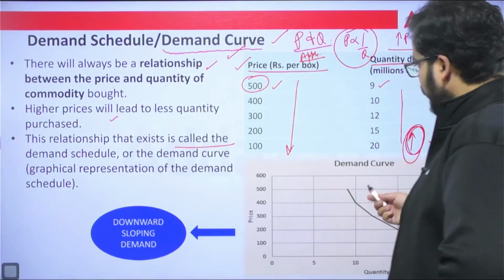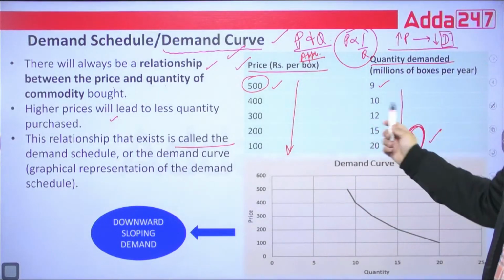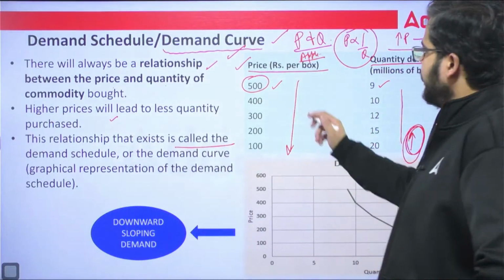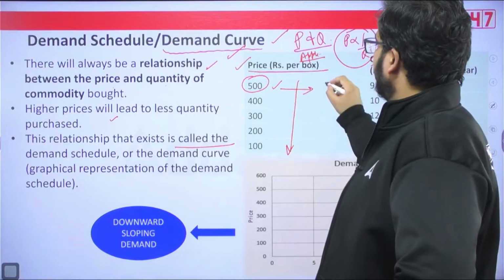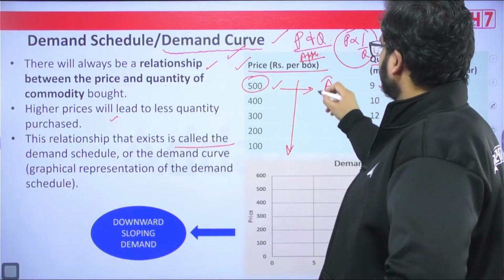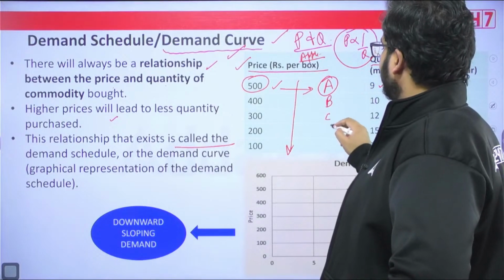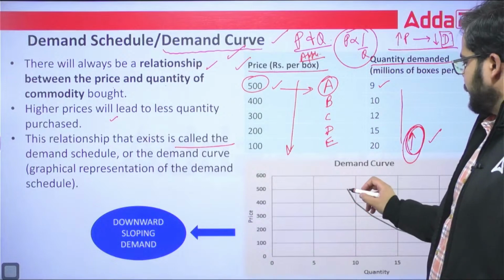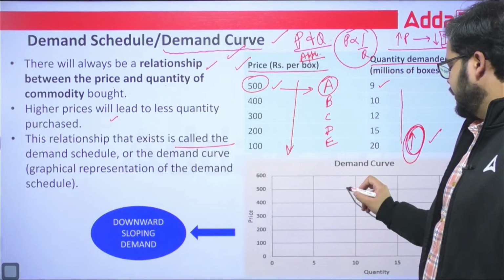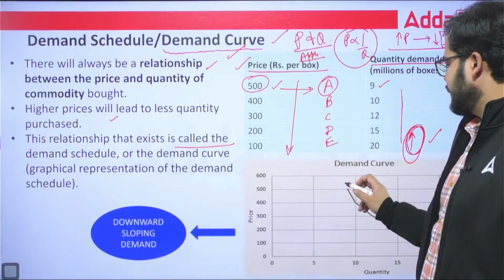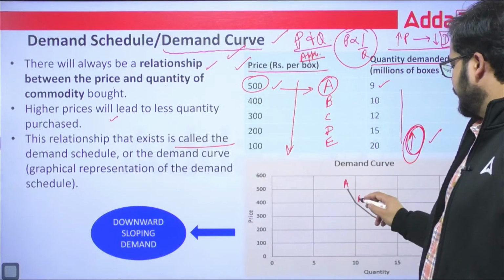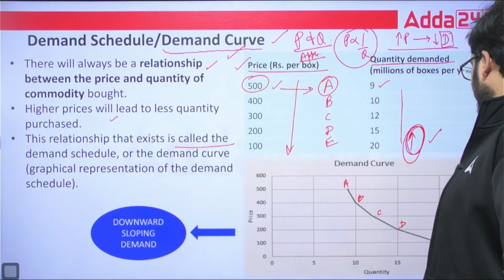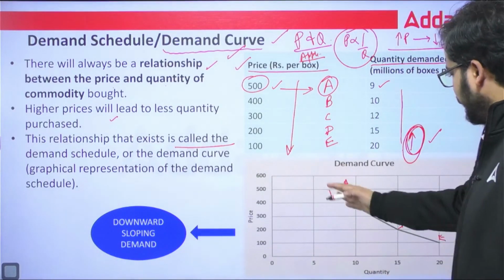And if we try to plot this schedule into a graph, say this price and quantity refers to A, this as B, this as C, this as D, and this as E, and we plot these points graphically, then this is A, this is B, this is C, we have D here and E here. It will be an inverse relationship.